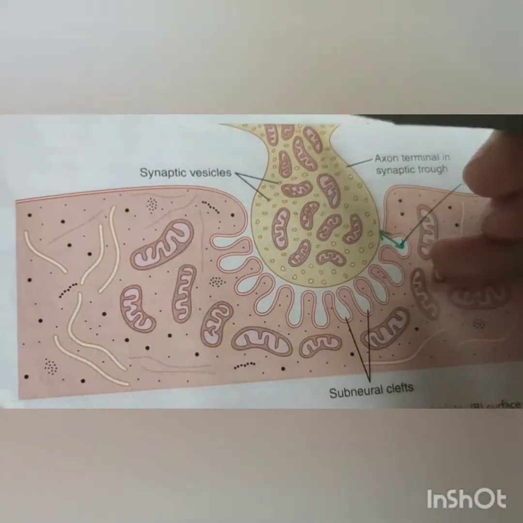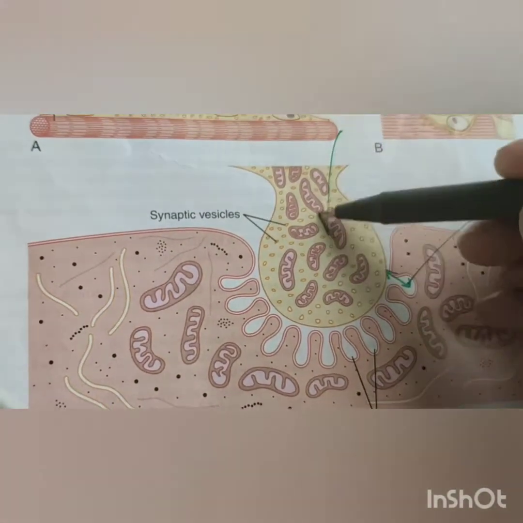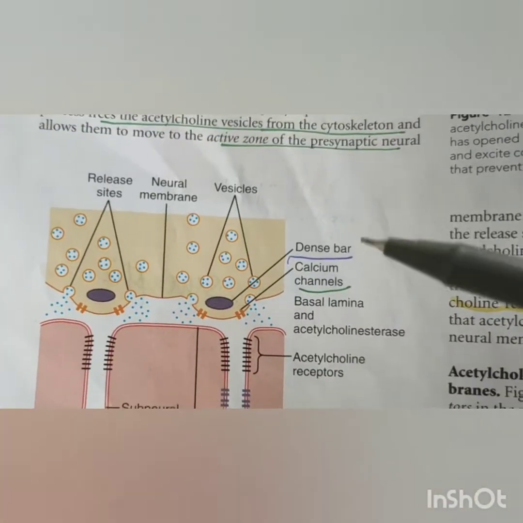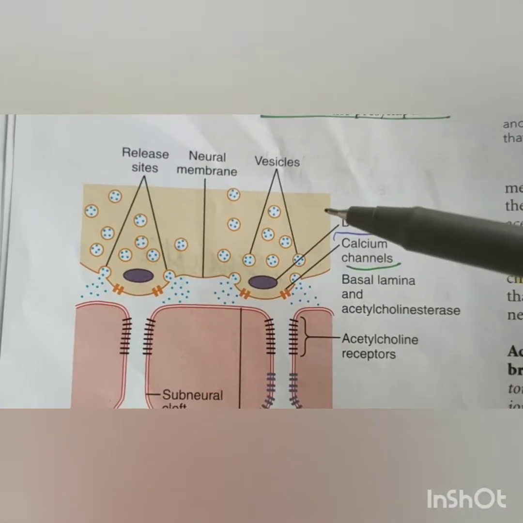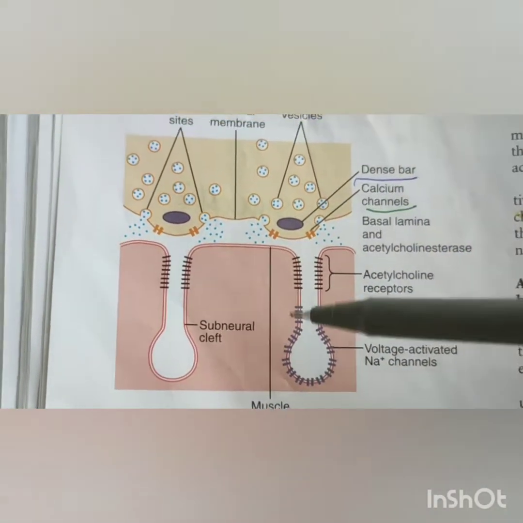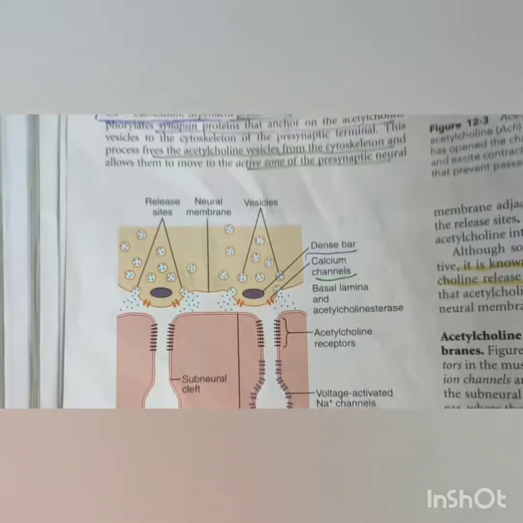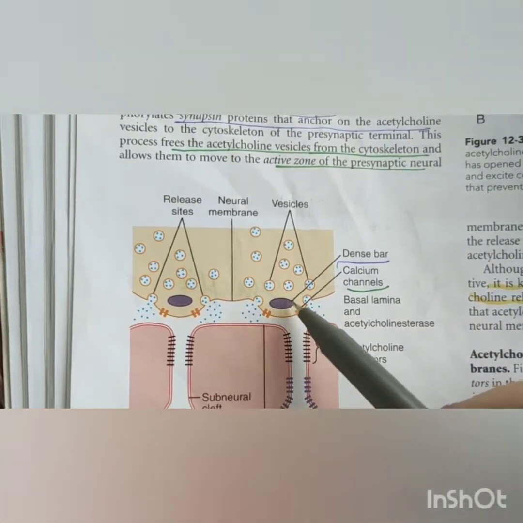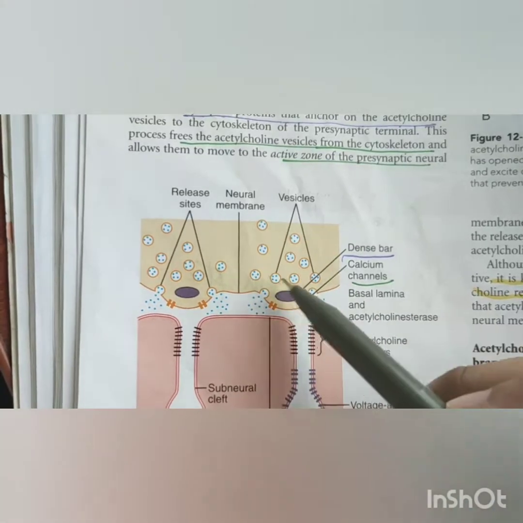When the action potential, or nerve impulse, reaches the axon terminal, approximately 125 vesicles of acetylcholine are released into the synaptic space. How is it secreted? On the axon terminal there are calcium channels. You can see there is a dense part, and there are the calcium channels, and these are the vesicles.